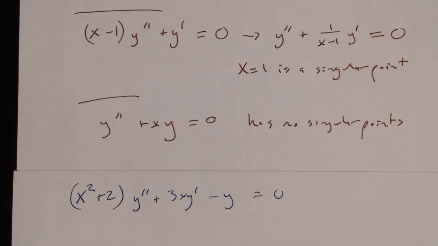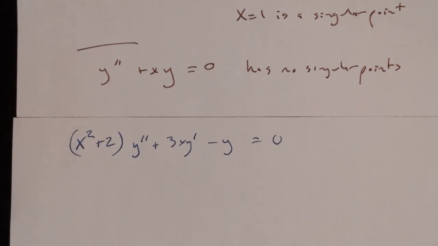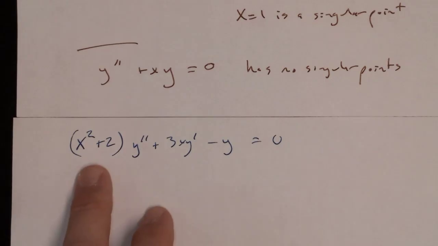Because all of my coefficients are polynomials, the only place I will have a problem is wherever I divide by 0. When I isolate y double prime, I'm going to be dividing by that x squared plus 2. So that's the only thing I need to worry about.